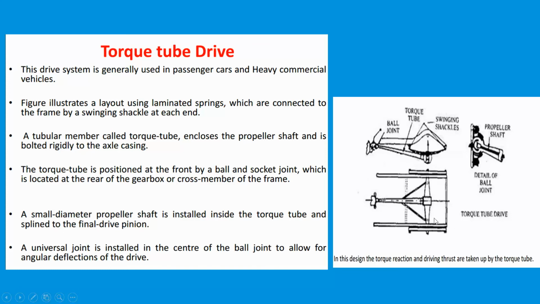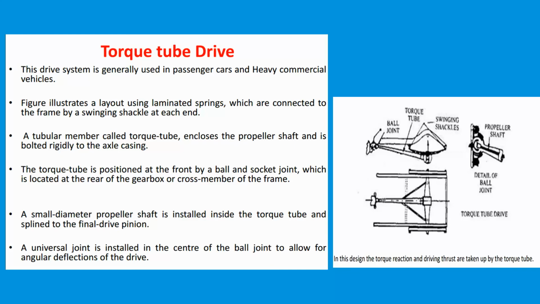The torque tube type is a drive system which is generally used in passenger as well as heavy vehicles. It has been illustrated in the figure using laminated springs which are connected to the frame by swinging shackles at each end. A tubular member called the torque tube encloses the propeller shaft and is bolted rigidly to the axle casing.